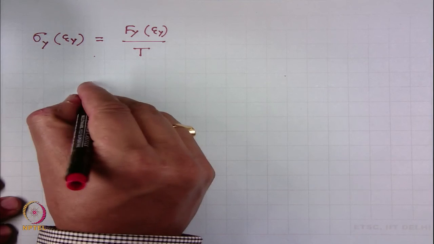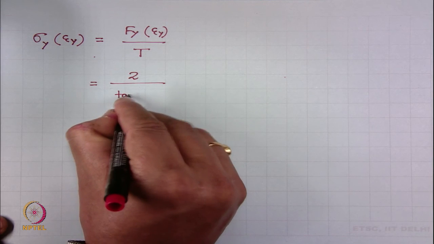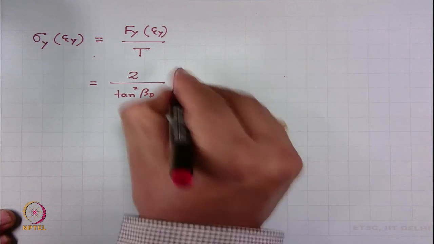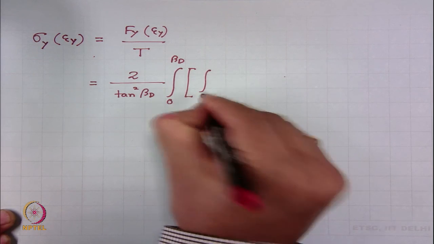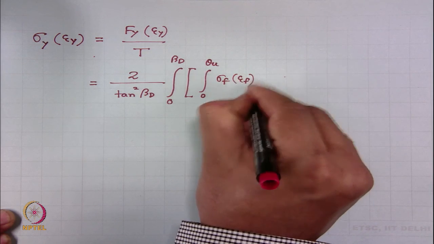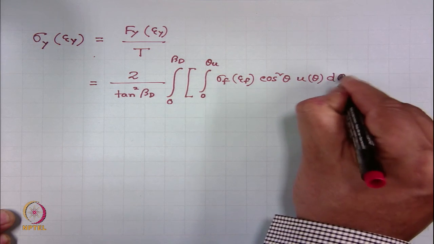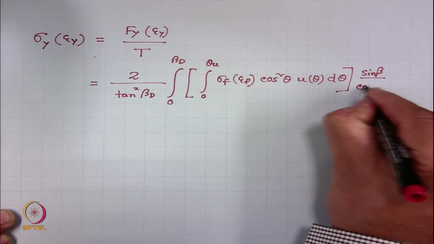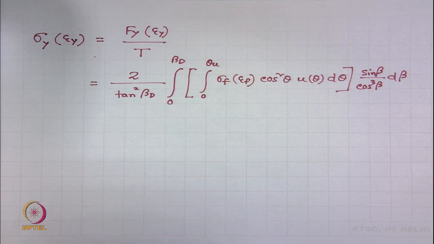So, we will have 2 by tan square beta d, 0 to beta d, 0 to theta u, f cos square theta u theta d theta is the one integration, then sin beta by cos cube beta is the second integration. Okay.